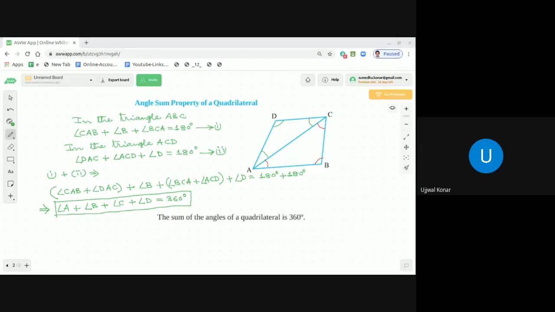Now, dear students, what I'm going to discuss now are the different types of quadrilaterals. I want to spend some time on this, and we are going to discuss more on that.